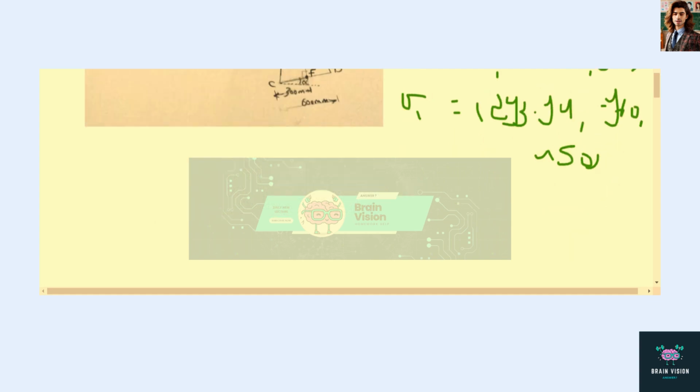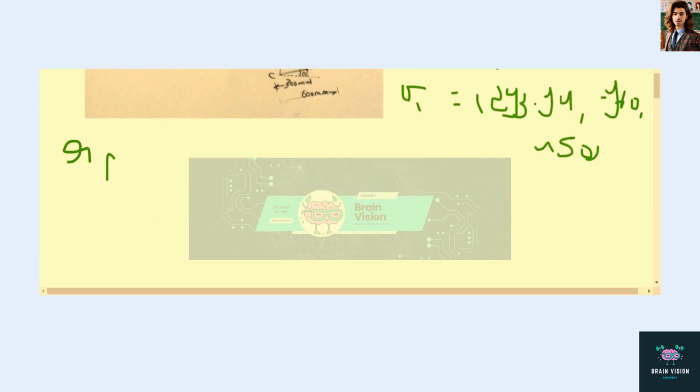Apply the equilibrium equation. First, locate each point with respect to B. So for this, we can write RAB is equal to 0I plus 0J plus 900K mm.